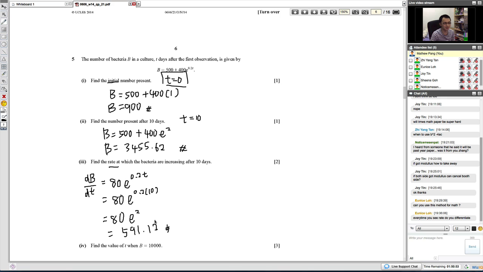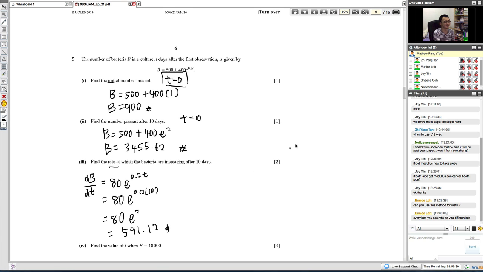Any question, Eunice? Every time you see rate, do you differentiate? Yes. I think most of the time when I see rate, I will differentiate. But if this is B and this one is not the time, maybe you will need to use some other method to find T. But if this is in terms of T already, you just differentiate this one, then you can get the rate.